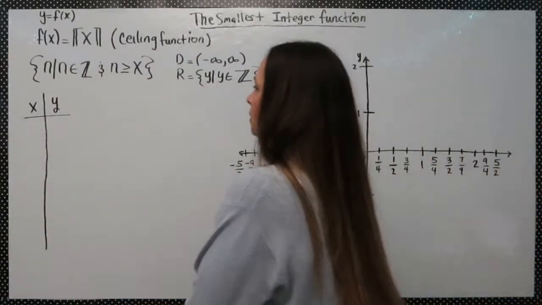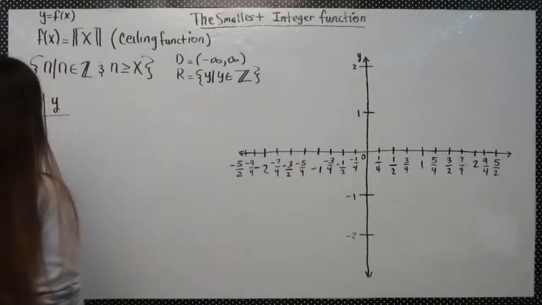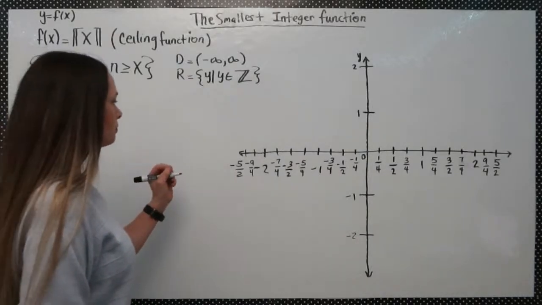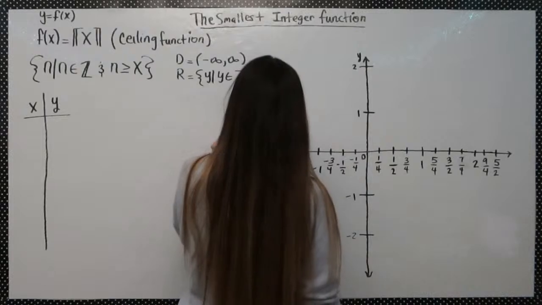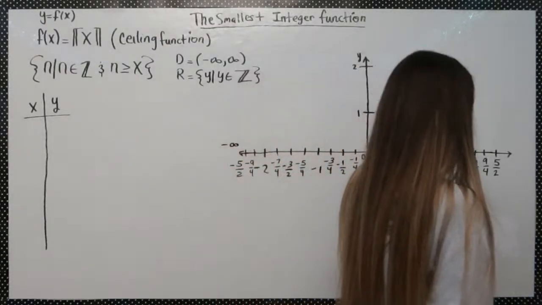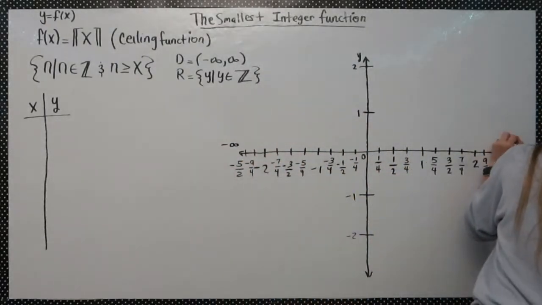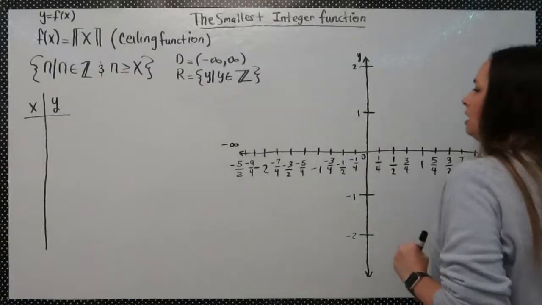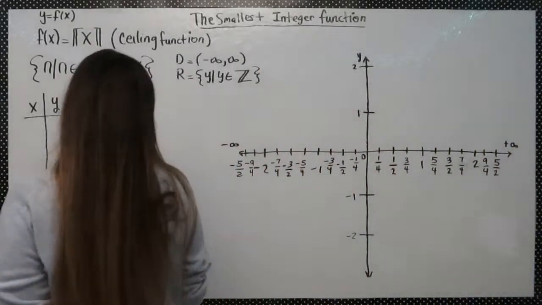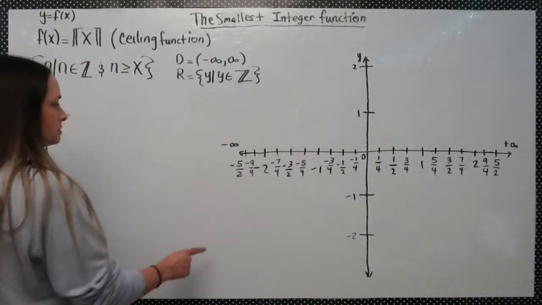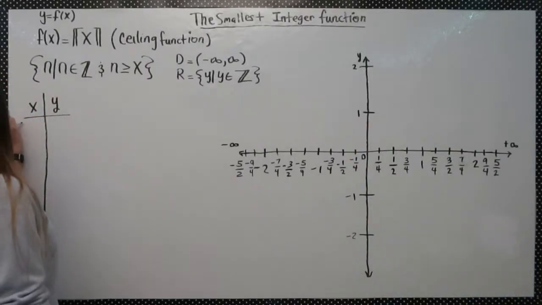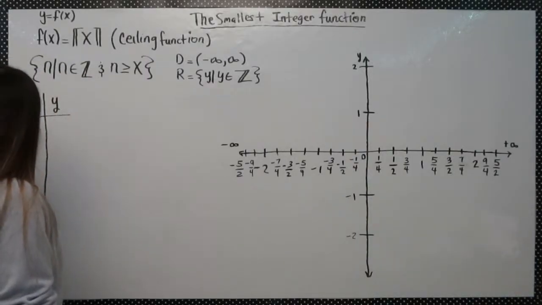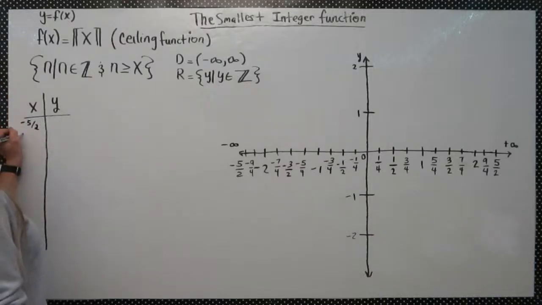Okay. So we're going to start out here, and remember, when we're reading this graph, we're going from left to right. So we're going from negative infinity all the way to positive infinity here. So we're going to start with our outermost values from the left hand here. So we're going to start with negative 5 halves, and we'll list a few of these.